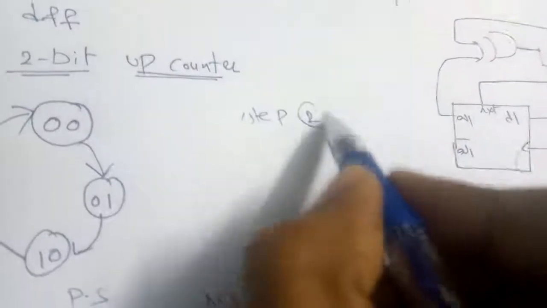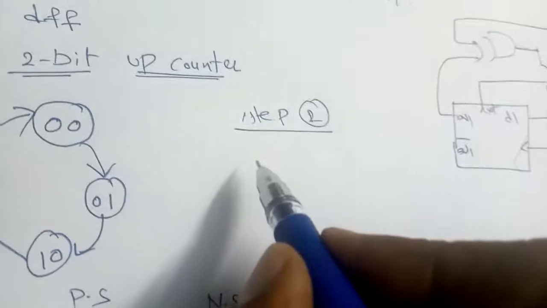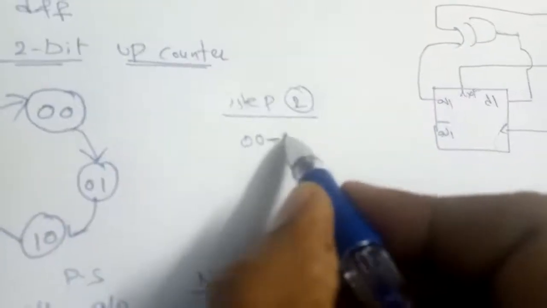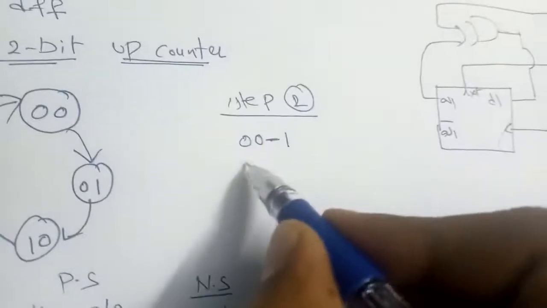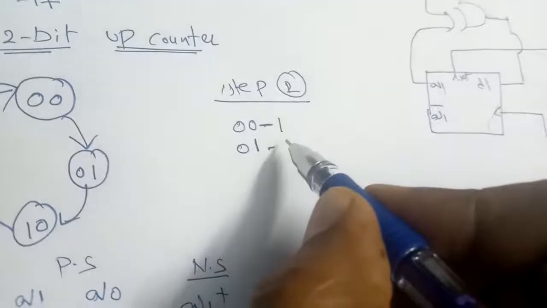For the next step, step 2, we have to design the output sequence. In the question, if the count is 00, the output is 1. As the count increases by 1, we get a different sequence in the output.